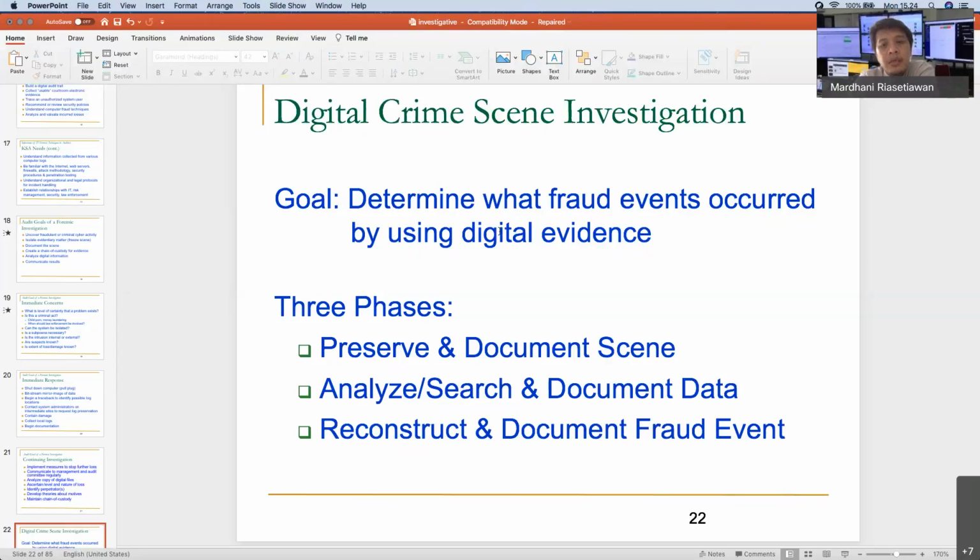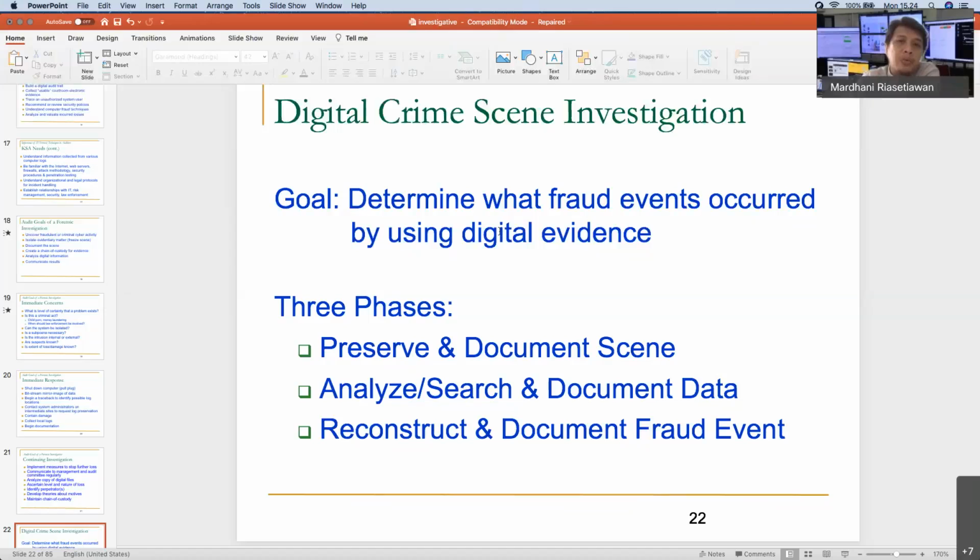If our information system can avoid the fraud, and the fraud cannot be done in our environment, it means we have a very strong information system implementation. But if the fraud is happening in our environment, it means we have a lot of weakness. So that's the point of view.